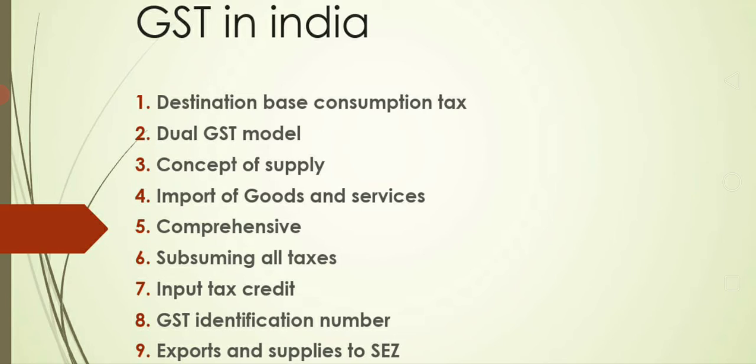So see the first one, destination based consumption tax. GST is levied at the place where goods and services are consumed. GST is based on the principle of destination, that is, tax is charged at the place where goods are supplied, as against the earlier principle of origin based taxation.